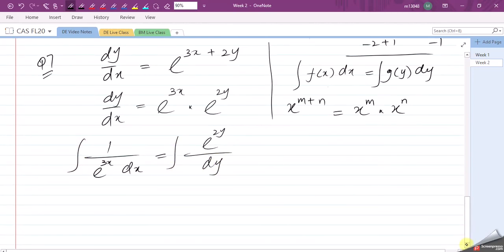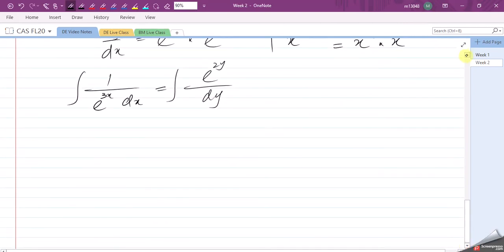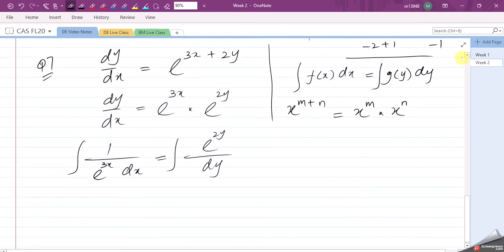Did I make a mistake in this step? What do you think? Am I doing all right? Is there any mistake? Can I integrate them like this?